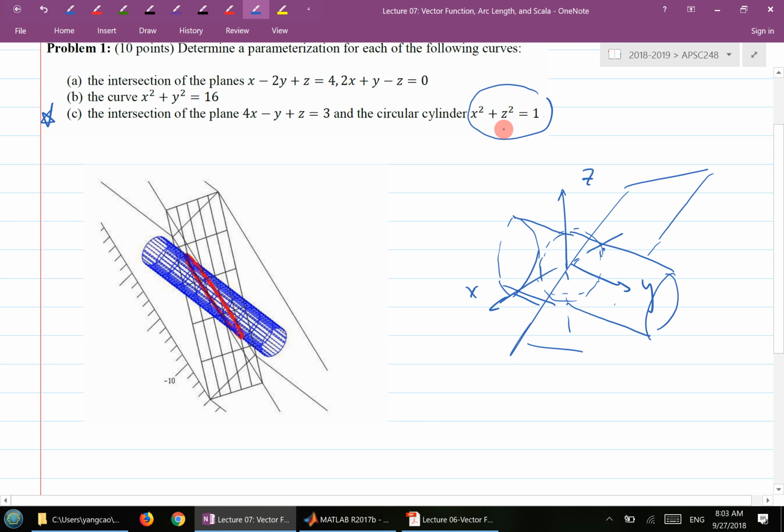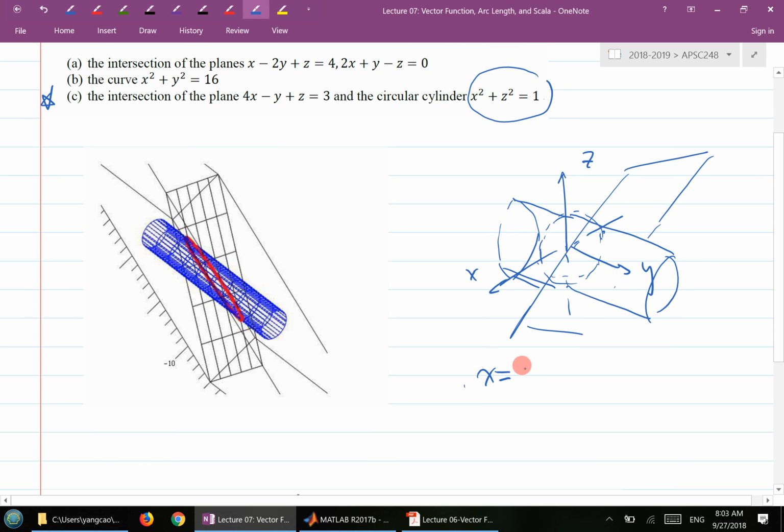For the cylinder, which is a circle, we learned from part B that you can have a parametric equation x equals radius 1 times cosine t, and z equals sine t. That's a candidate for this circle equation.